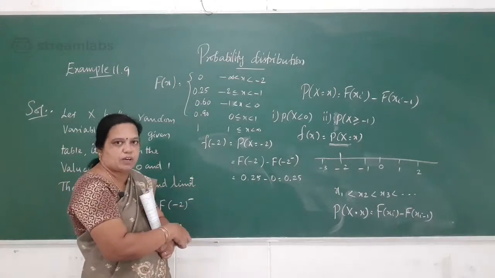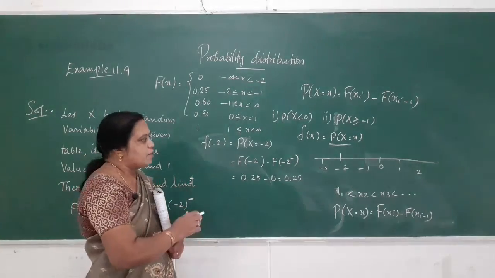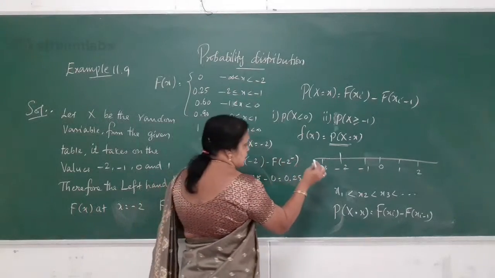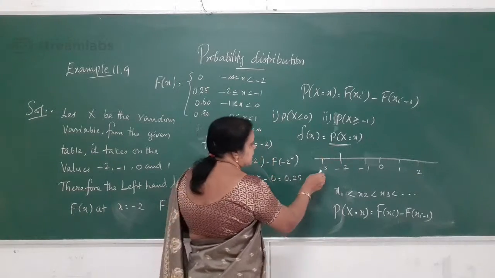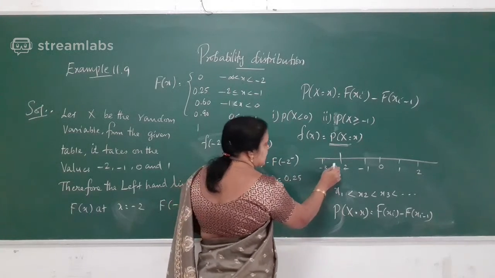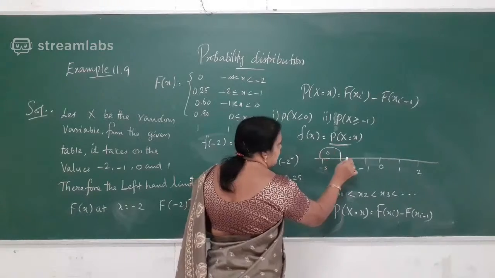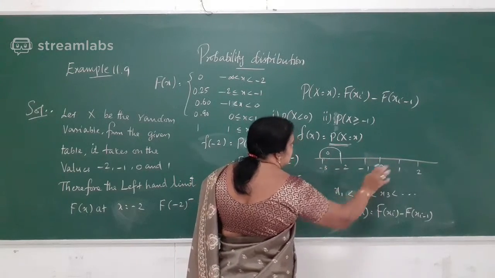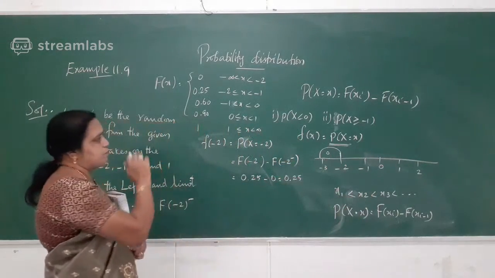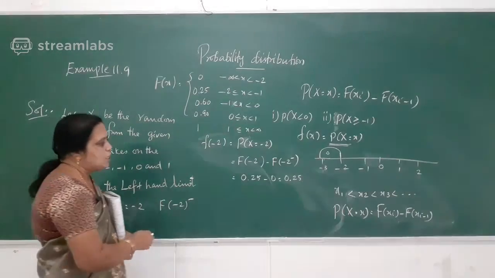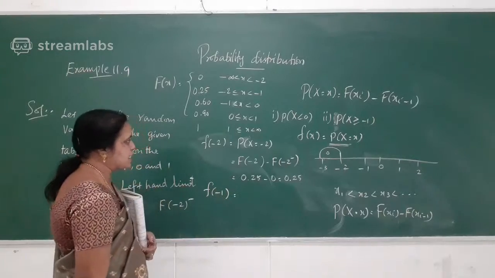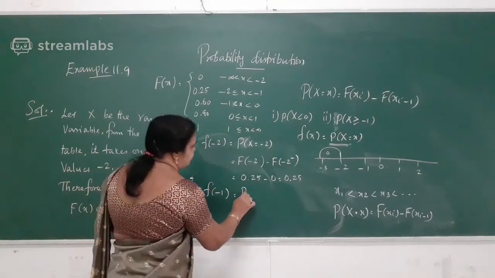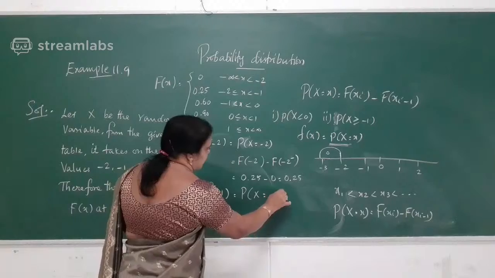By using this formula, we have to find the jump. For the first one, the left-hand limit at minus 2, we have to subtract this limit from this, but we don't know that value, so for this we are getting 0. Then f of minus 1 means p of x is equal to minus 1.